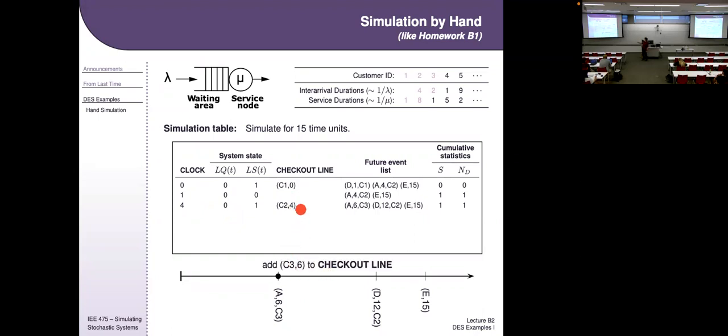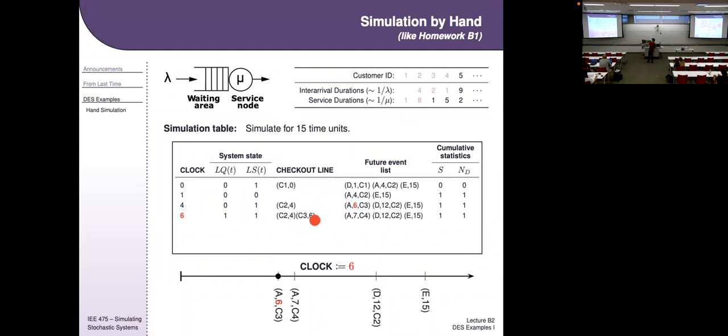We are going to put that customer in the checkout line. We are then going to schedule the next arrival, because whenever you process an arrival, you always schedule the next arrival by looking at the inter-arrival times here. But we don't touch the service times because this customer didn't get access to the server, so we're not ready to start service. So that's all that we do for that time point here.